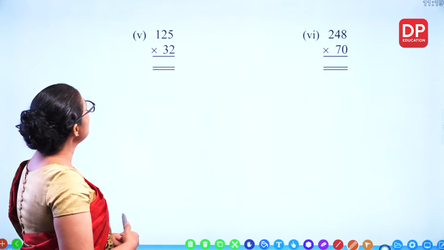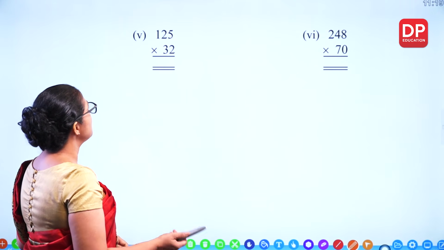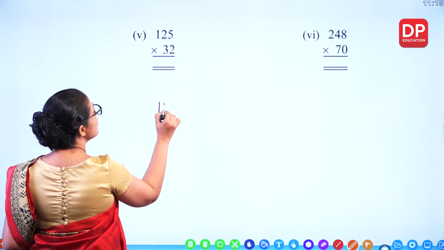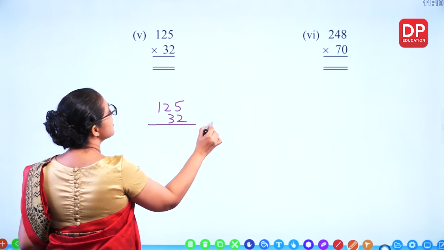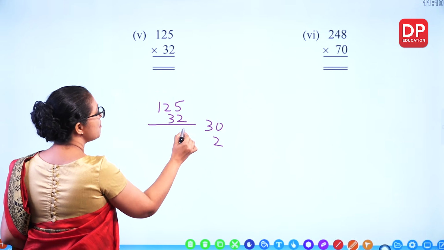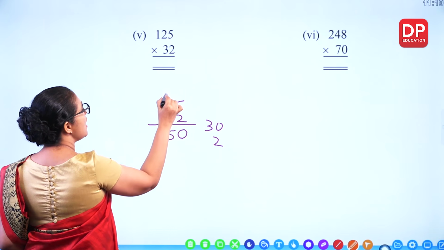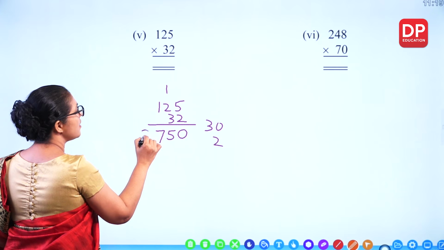Now look at this one. Multiply by 32. So we'll multiply separately and put the answer here. 125 multiplied by 32. That means 30 and 2. How you multiply by 30? Put a 0 and multiply by 3. 3 times 5, 15. And 3 times 2, 6 plus 1, 7. 3 times 1, 3.